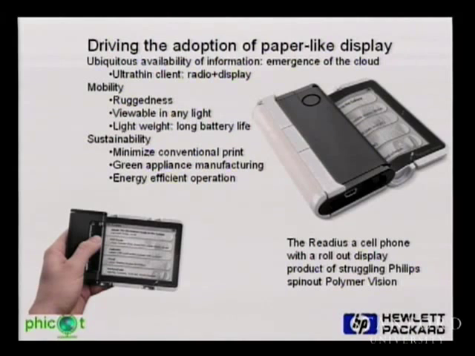The picture here shows an example of something called the Radius, which may or may never see the light of day. It's a spin-out of Philips Labs that's been trying to make the world's first rollout display. They were partnered with the Italian Telecom. And that's an example of what you might start thinking about, this idea of a window shade display.